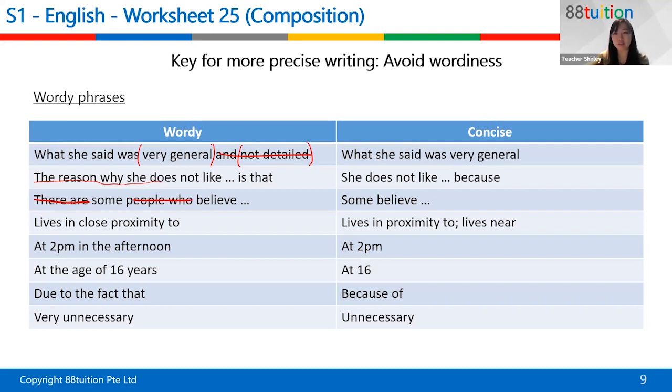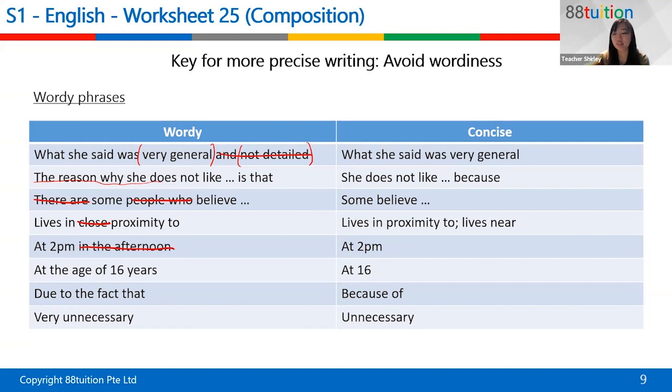Some believe that, okay? Lives in close proximity. Proximity means it's quite close, so the word close is redundant. So lives in proximity to, or basically simply just say lives near. Okay? At 2 p.m. in the afternoon, isn't it understood that 2 p.m. is in the afternoon? Right? So redundant.